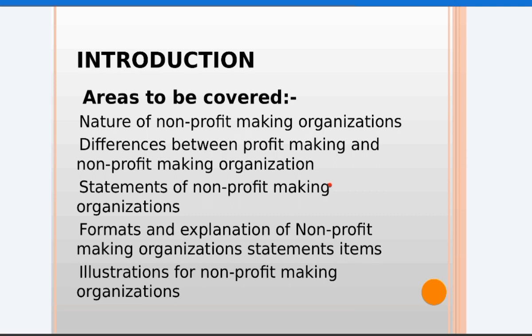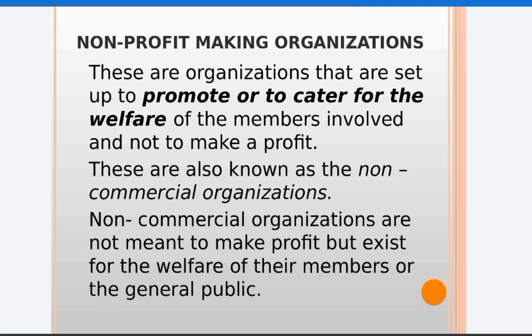Then we'll of course be able to look at illustrations to show how we can then prepare these financial statements. So we look at examples and their solutions on how one can prepare the non-profit making organizations statements.